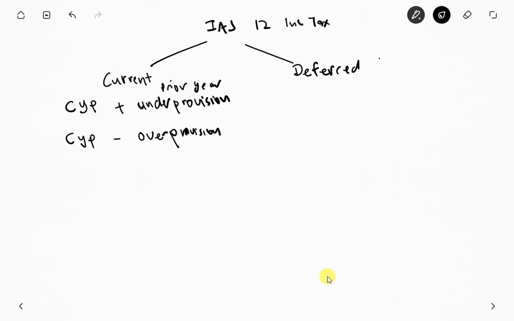Deferred tax. Deferred tax asset, deferred tax liability is future.